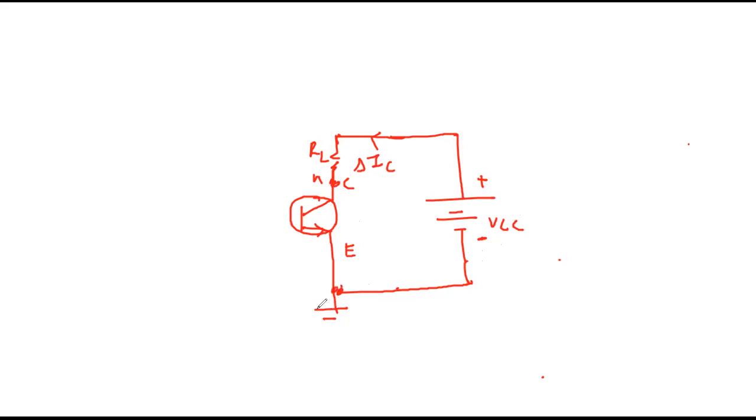So if I start from A, go to B, C, D, and back. Now you tell me, from A to B, will there be any voltage drop?